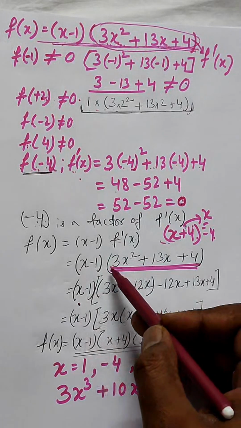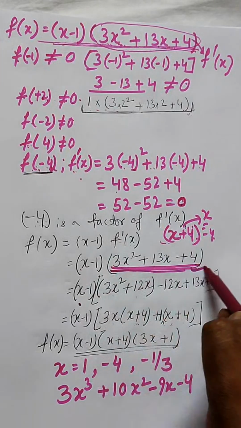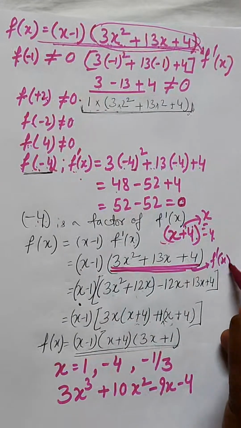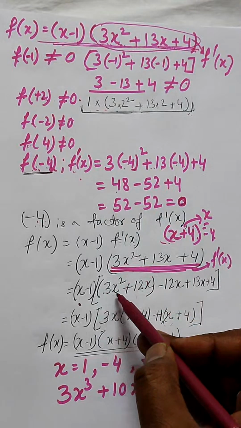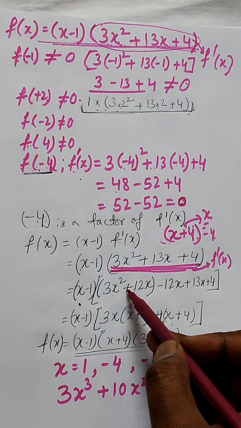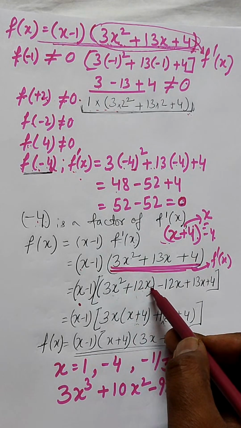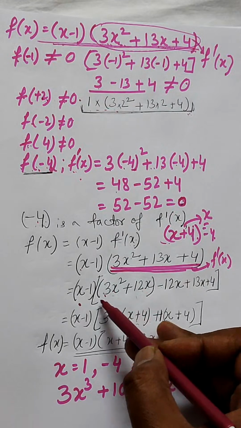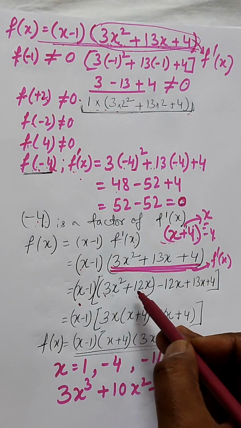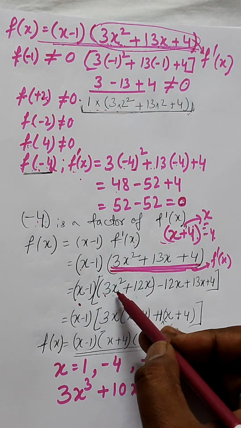Since we are speaking about f dash x, this will be 3x square. Write the first term as it is, 3x square, plus what needs to be added? We have written 12x. Why? Let us see. Because from 3x square and 12x, when you bring 3x out, we are left with x plus 4.